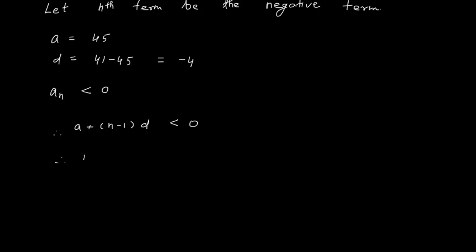So A is 45 plus (n minus 1) and D is minus 4. So this will be less than 0. So therefore here we have 45. Now this n into minus 4 is minus 4n, and this minus 1 into minus 4 will be plus 4. So this will be less than 0.